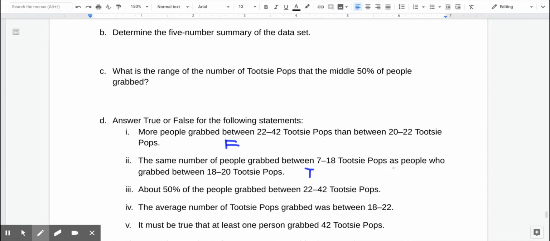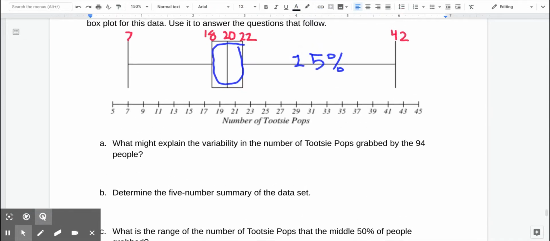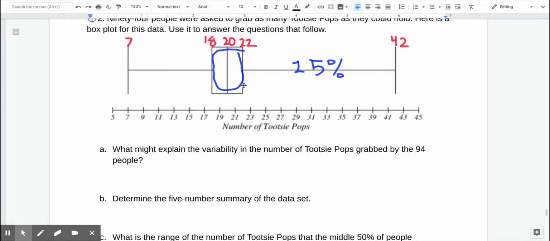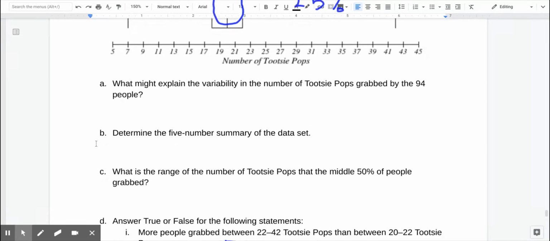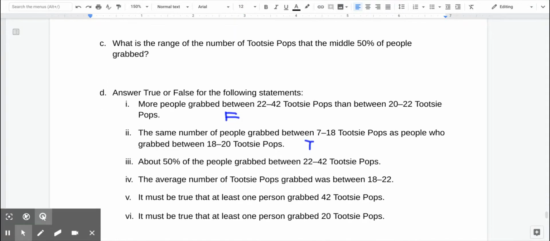About 50% of the people grabbed between 22 to 42 Tootsie Pops. All right, 22 to 42. No, definitely not. That's only 25% of the people. So this is again false.